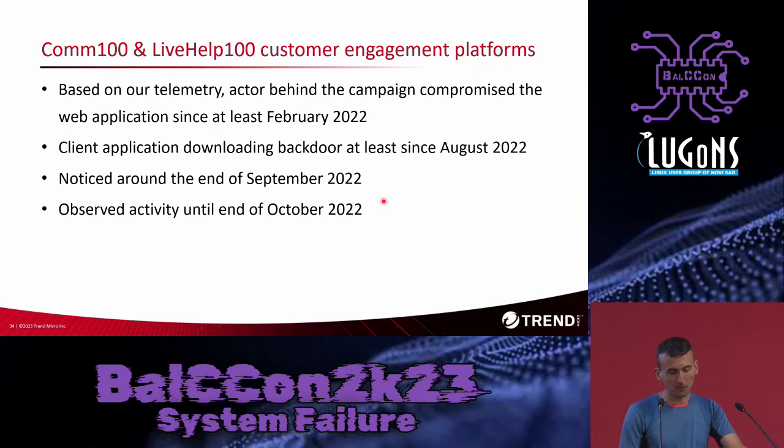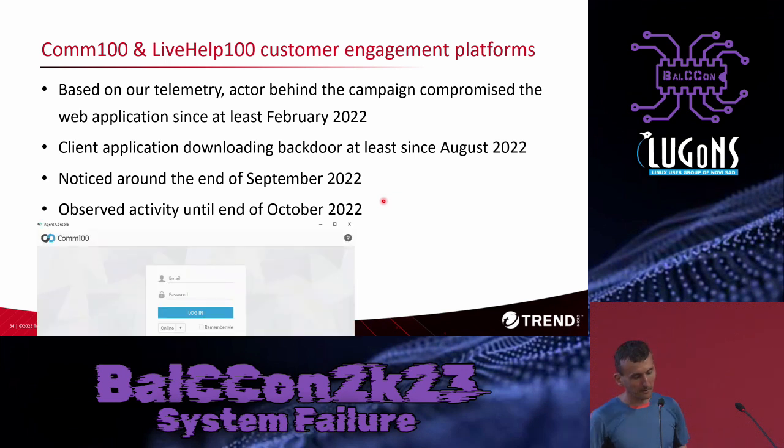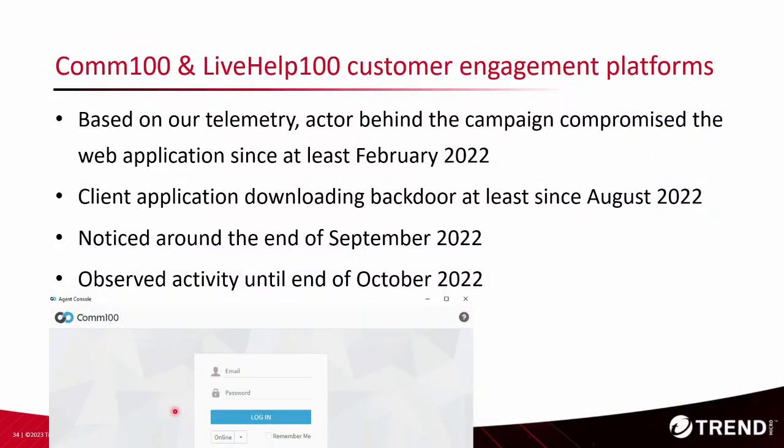A few more words on what these customer engagement platforms are. If you are a person who needs to communicate with customers, you install this application, the agent console, which is an Electron application. You run it on your computer. Then you have a few websites, and into the website you insert a widget.